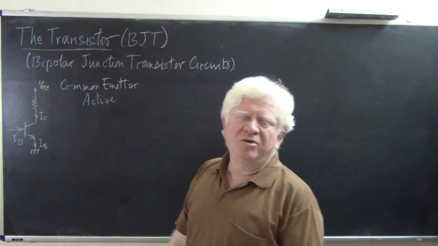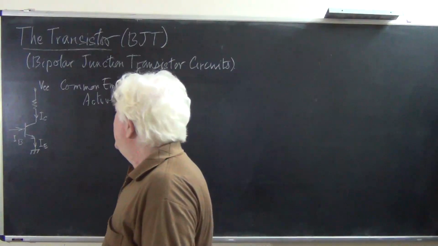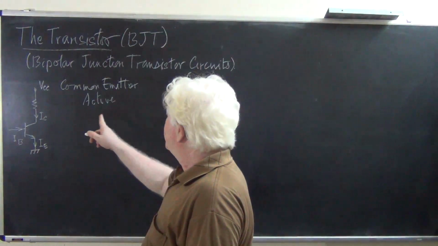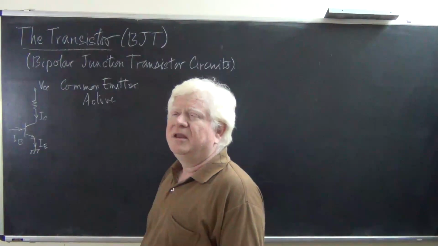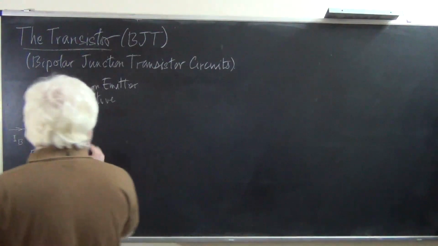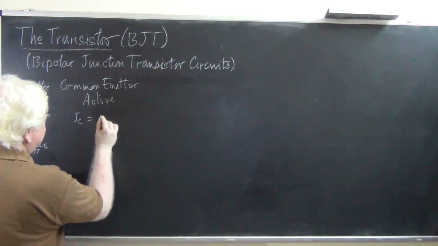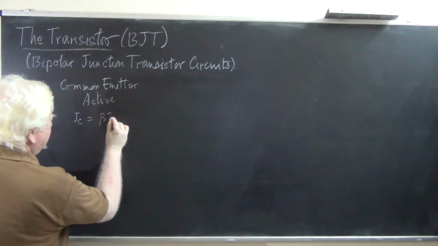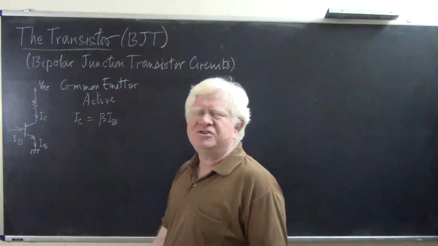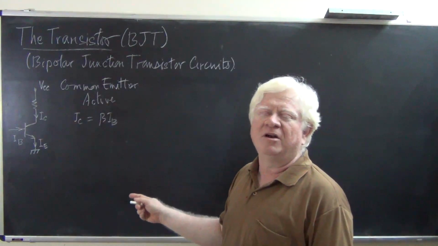You know something about bipolar junction transistors such as these, that when it is operated in the active mode, the collector current is a certain multiple of the base current called beta. So IC equals beta times IB, and beta is significantly large. For the transistor that we are going to use in the course, it will be of the order of 100.